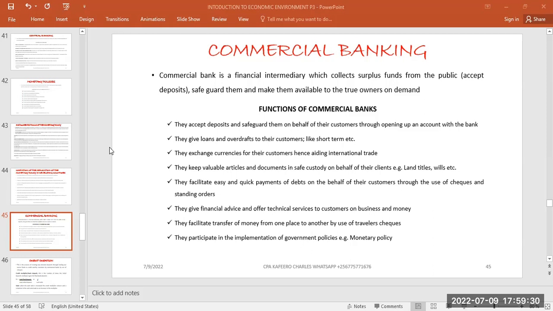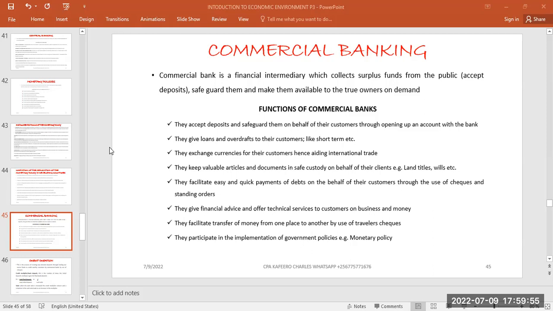People open up accounts and deposit their money, either fixed deposit or salary, whatever. What the banker does is safeguard the deposits they have received and make them available to their owners when they need it. So let's look at some of the functions of commercial banks.